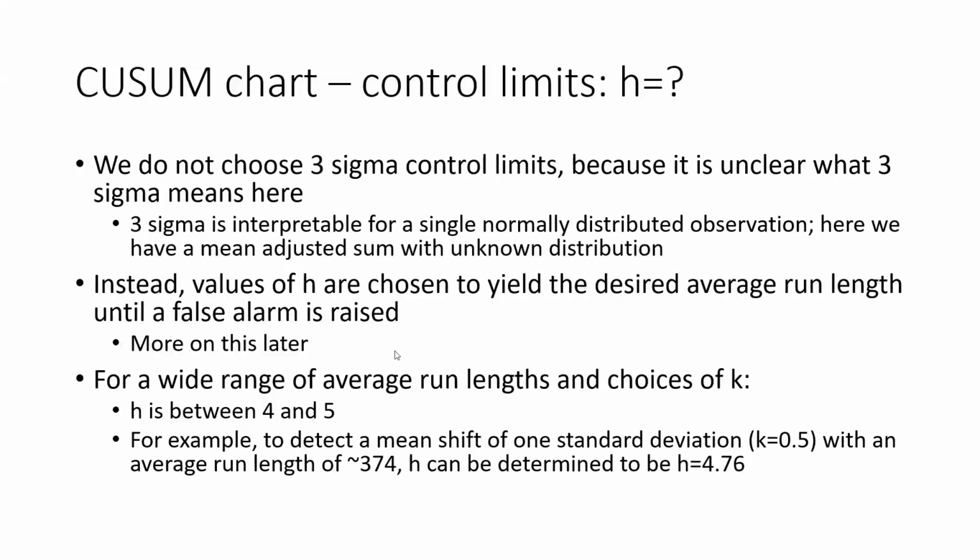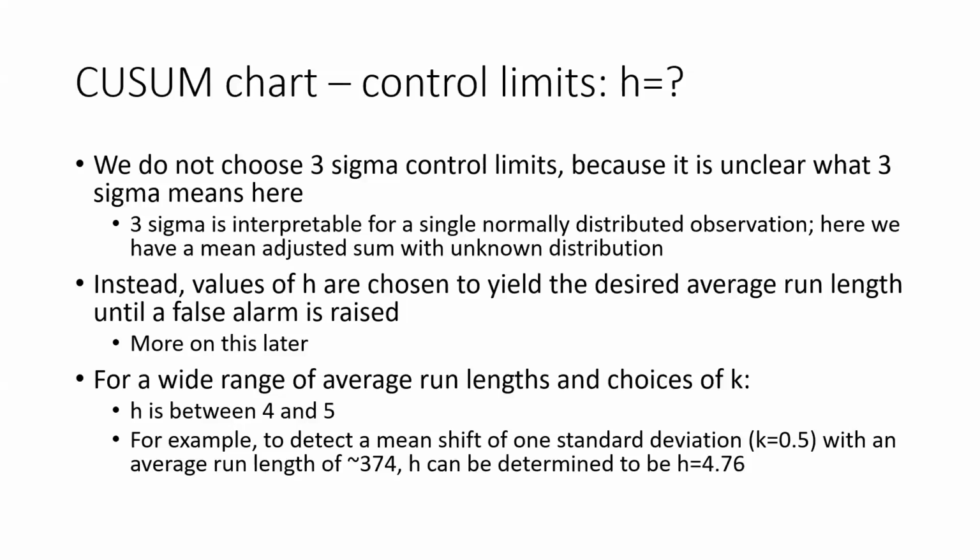The problem is that when we have a single observation or a single batch, then the normally distributed assumption allows us to interpret what a 3 sigma control limit means. And we don't have that right now because the score includes the current value and all the past values.